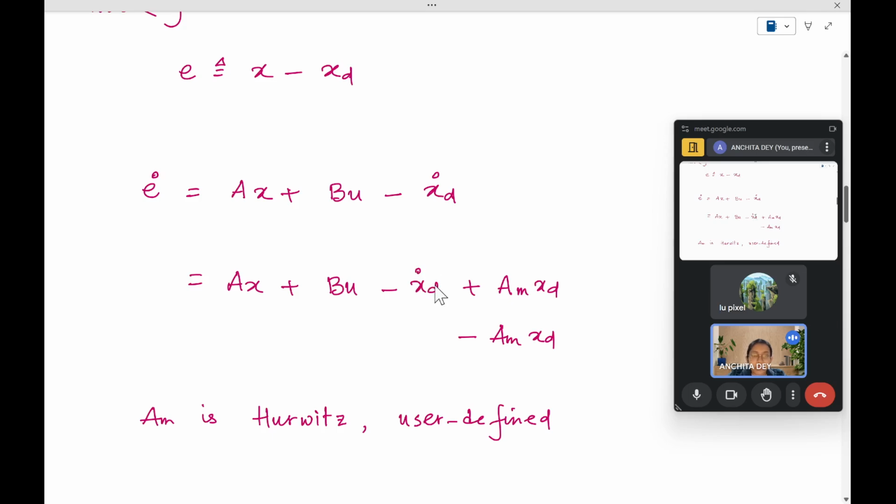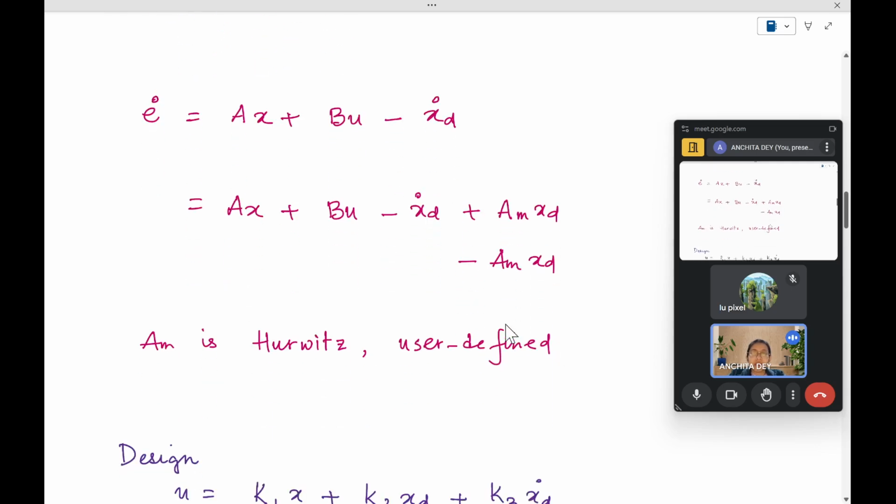Now we keep the same thing, but we add and subtract an extra term, which is am xd, right? Here, if you recall, similar to the case of MRAC, we introduce this am so that am is Hurwitz and it's user defined, of course, so that we can get some nice properties and ensure that e dot is converging to 0, or at least going near 0.